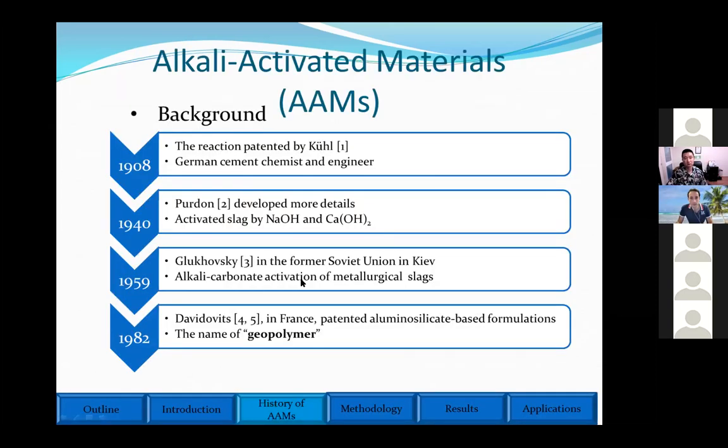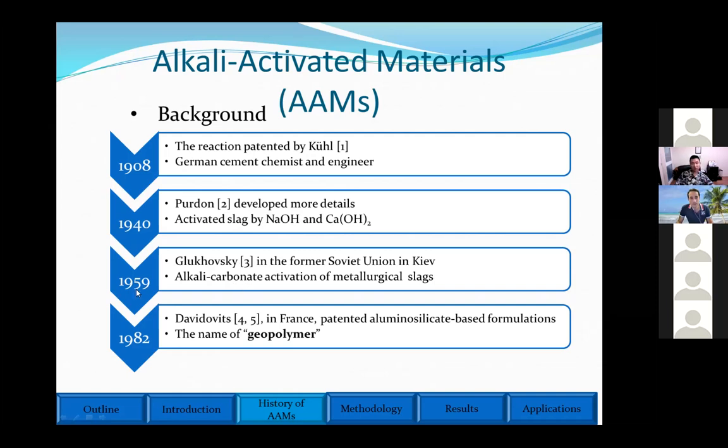Just to give you some idea, the origin of this material goes back to 1908 in Germany, when the reaction was patented by Kühl, a German chemist. Then in 1940, Purdon developed activated slag using sodium hydroxide and calcium hydroxide.